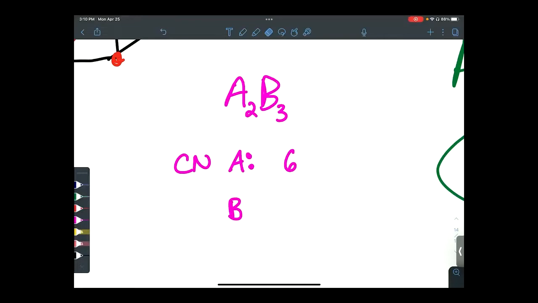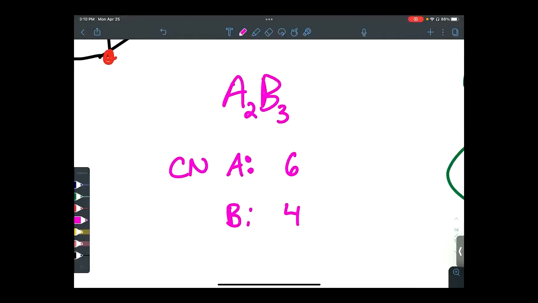Or B9? Okay, this is a little too complex. I don't think that'll be asked. Oh, is it on the homework?